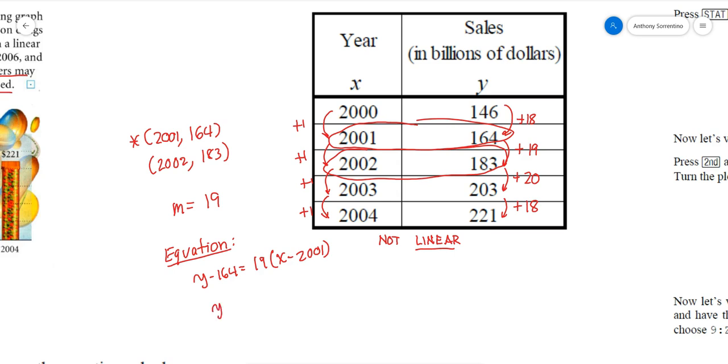And simplifying this, 19 times a negative 2001 is a negative 38019. And if I add 164 to both sides, I get 19x minus 37,855. And that would be an equation that I could come up with.